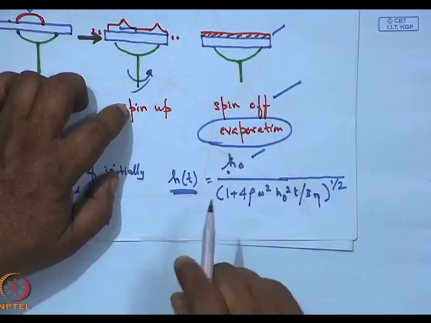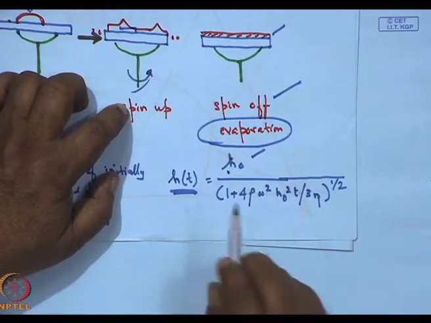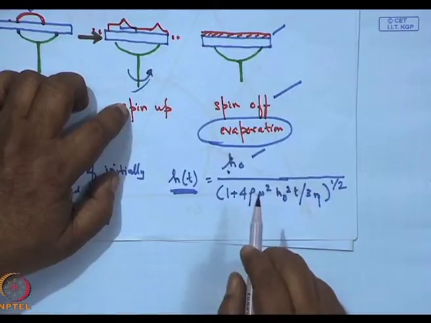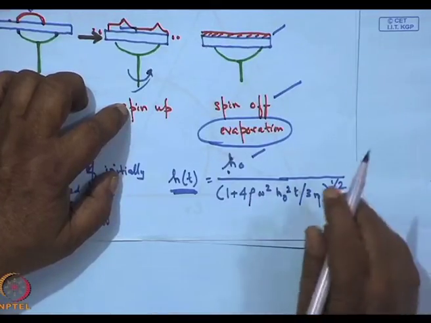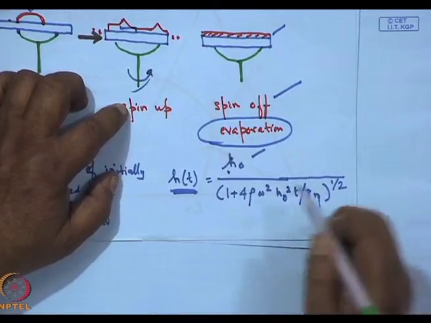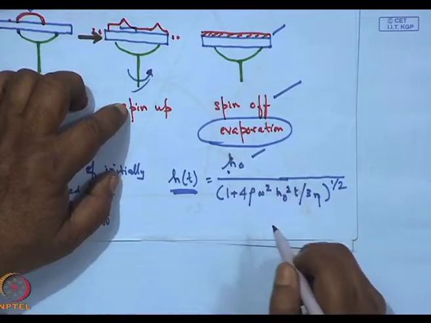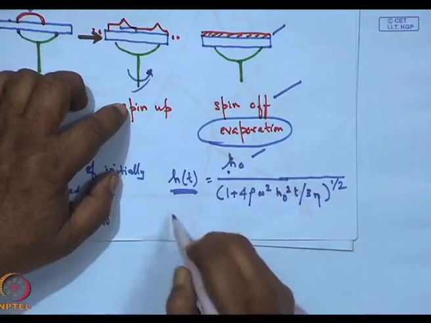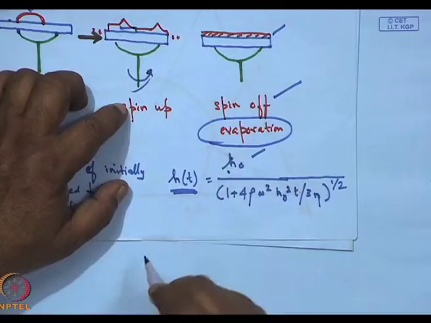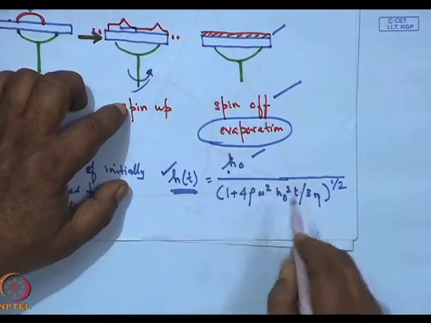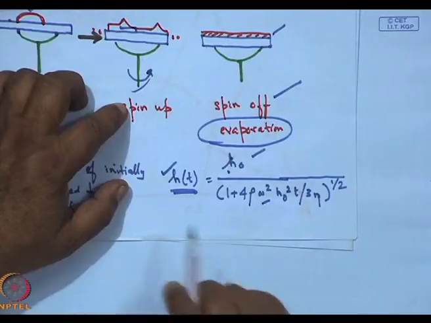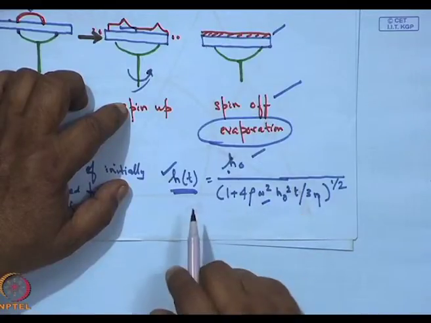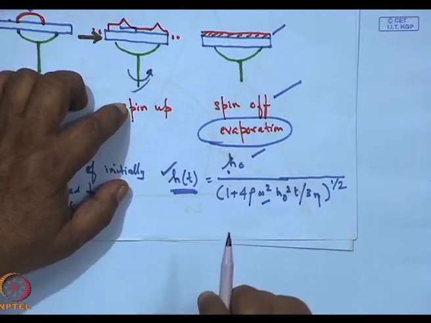Now, in this spin coating process, ultimately, if everything is constant, then you will see the thickness is inversely proportional to the speed at which it is being rotated.